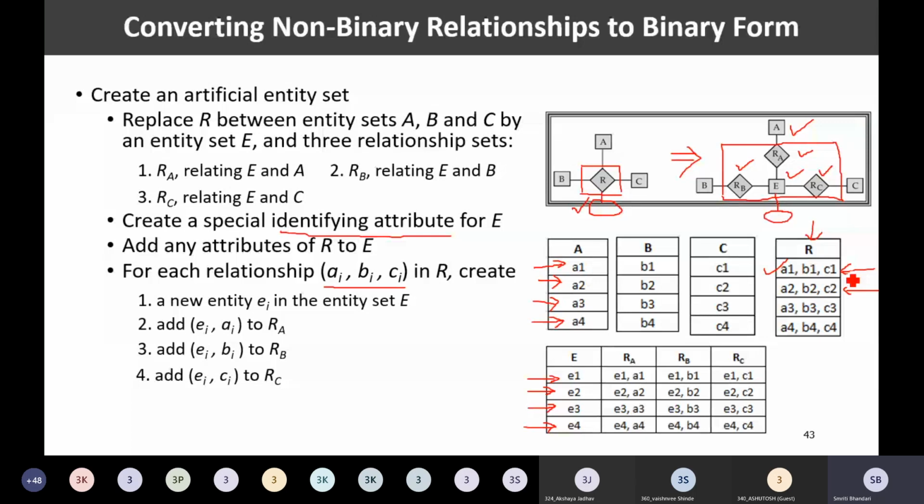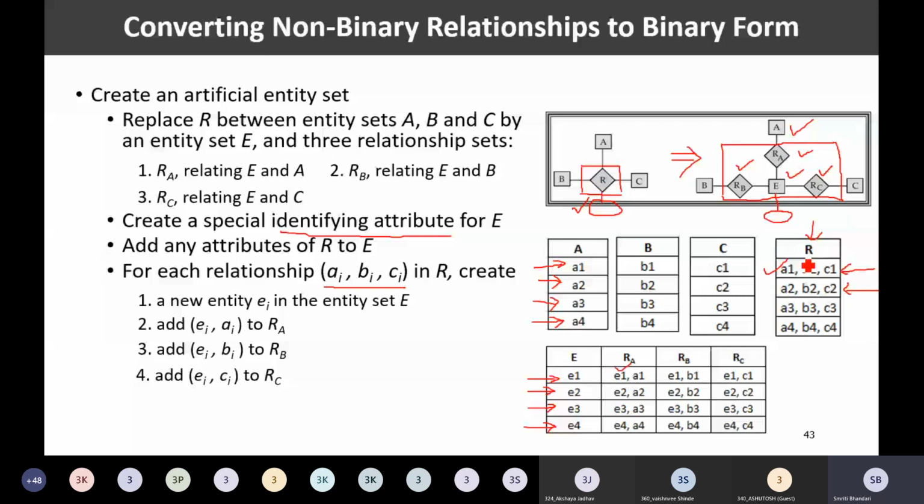Only thing is, instead of storing it as a whole in R, I am storing it in 3 different binary relationships like E1 A1, E1 B1 and E1 C1. So if I collect all these 3 entries associated with this E1, ultimately what I am getting is E1 is associated with A1, B1, C1. And that is what the original relationship is.